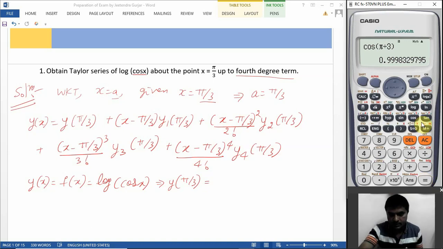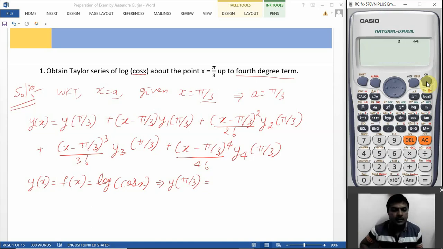So now we'll take the log of 0.99. Please cut the values.